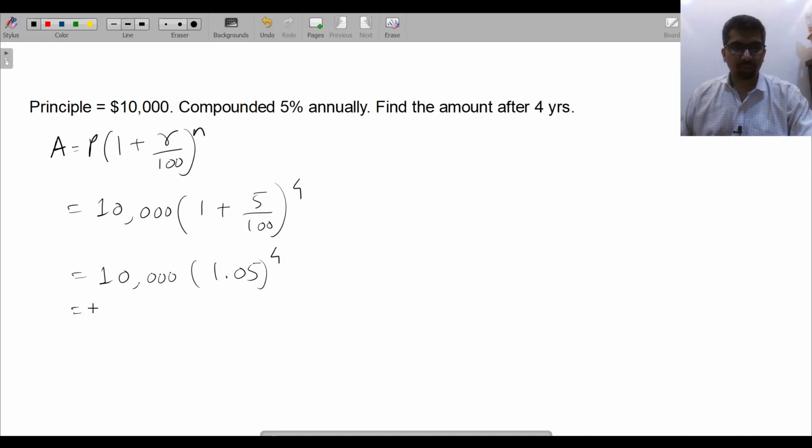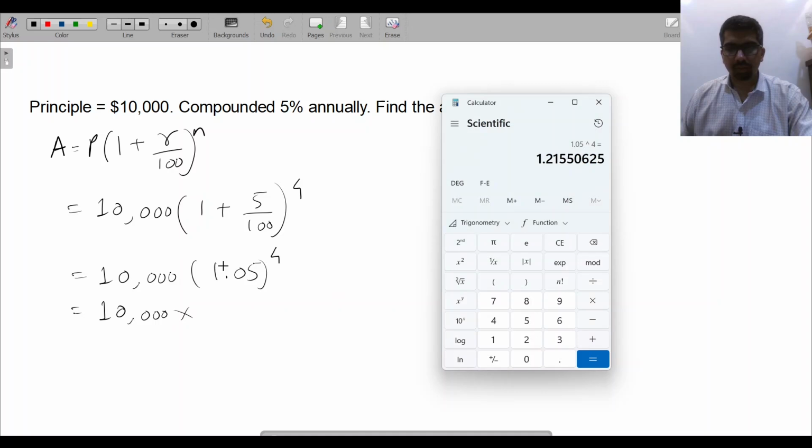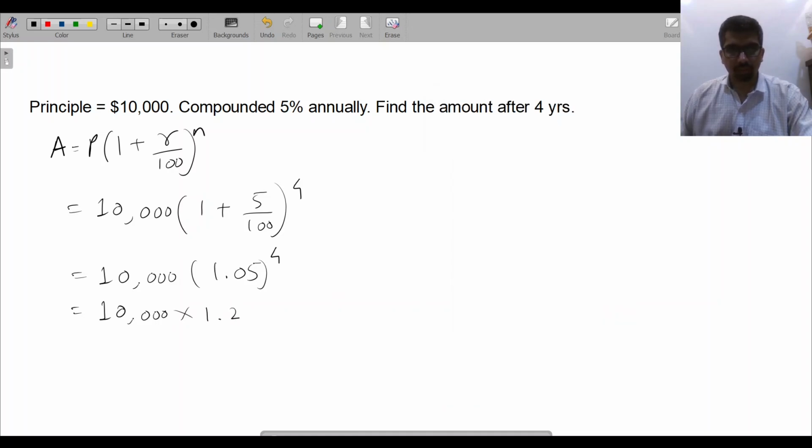So 1.05 raised to 4 is 1.2155. There are 4 places after the decimal. So you have $12,155 at the end of 4 years.